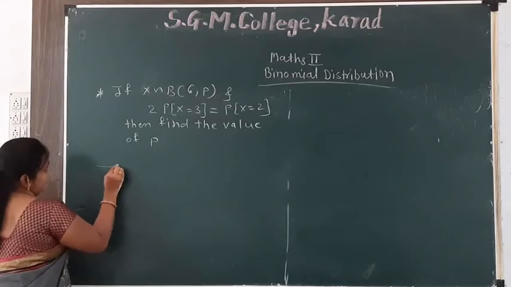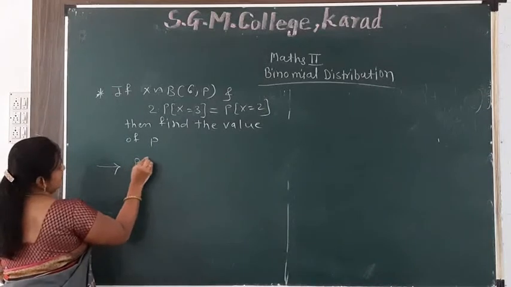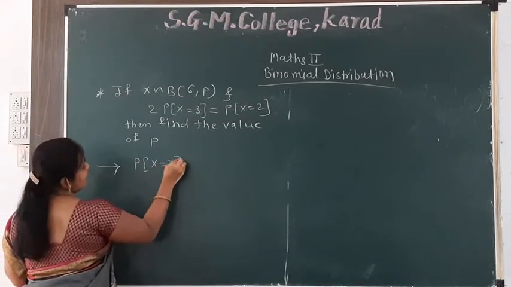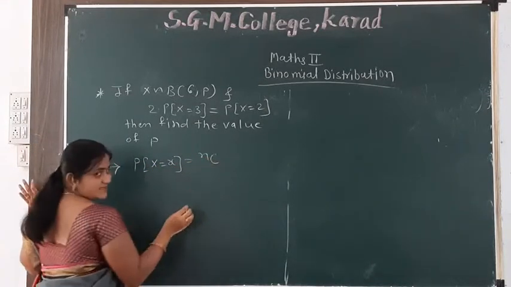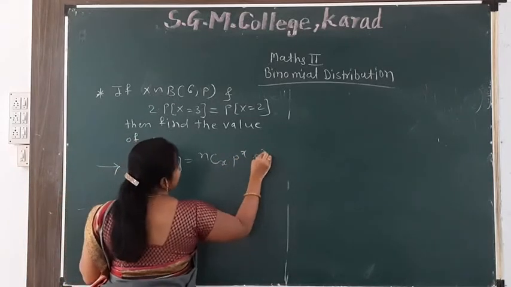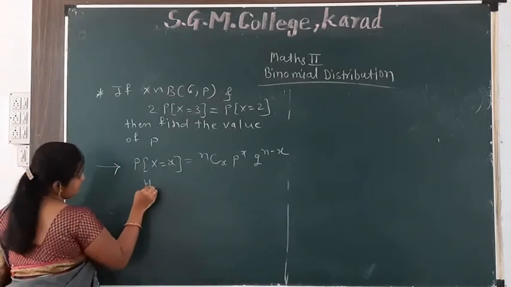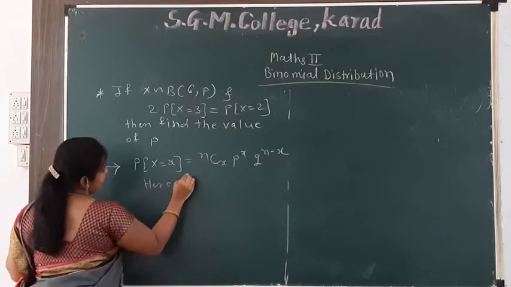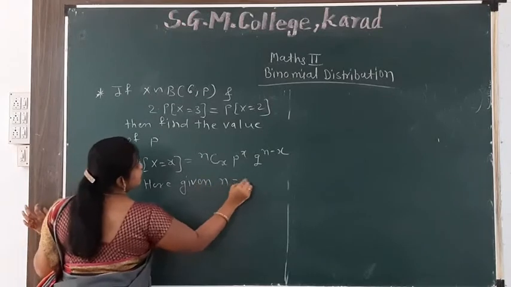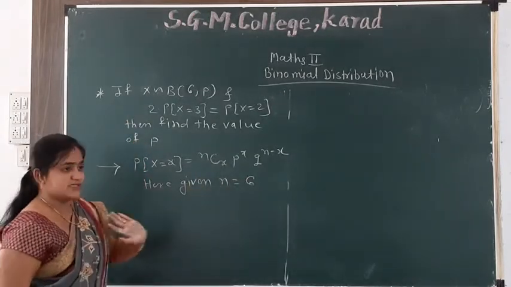We know the formula of binomial distribution: P of X equal to small x is nCx, out of n trials we get x successes, p raised to x, q raised to n minus x. Here, given n is equal to 6.